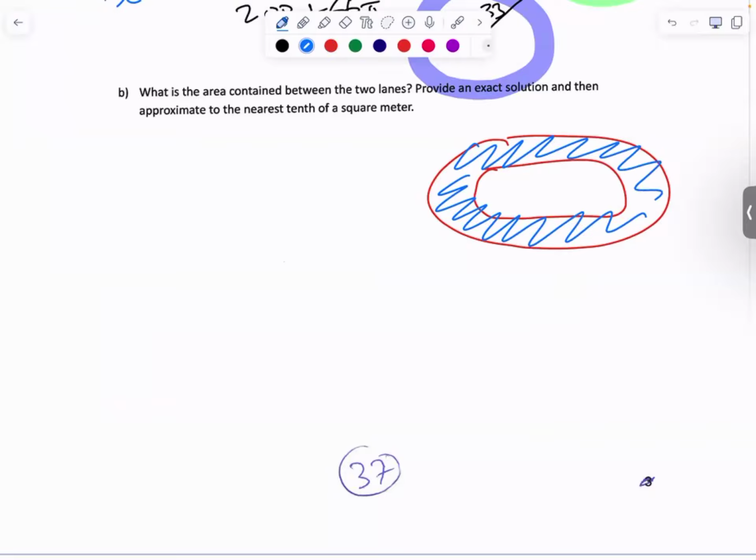Correct, right. But first off, keep in mind, you have these semicircles. Think like this.